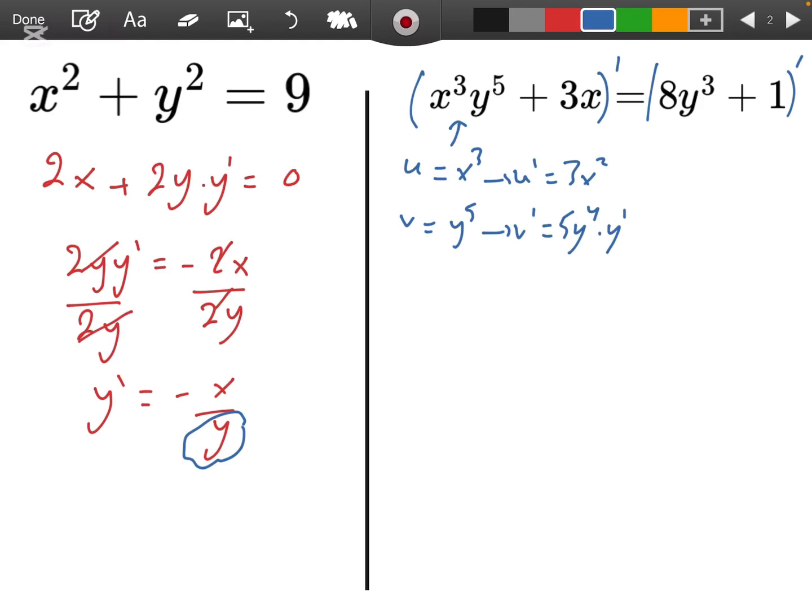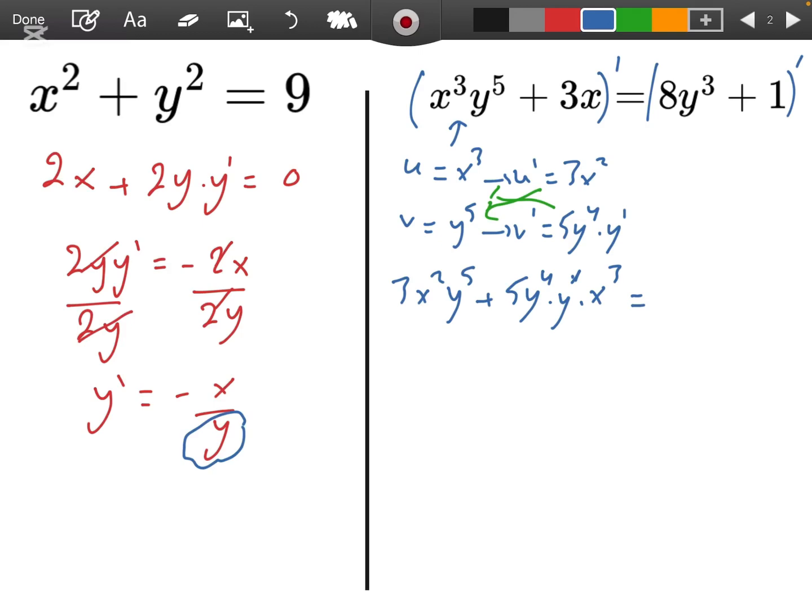The product rule is u prime v plus v prime u. So 3x squared multiplied by y^5 plus 5y^4 y prime multiplied by x^3.